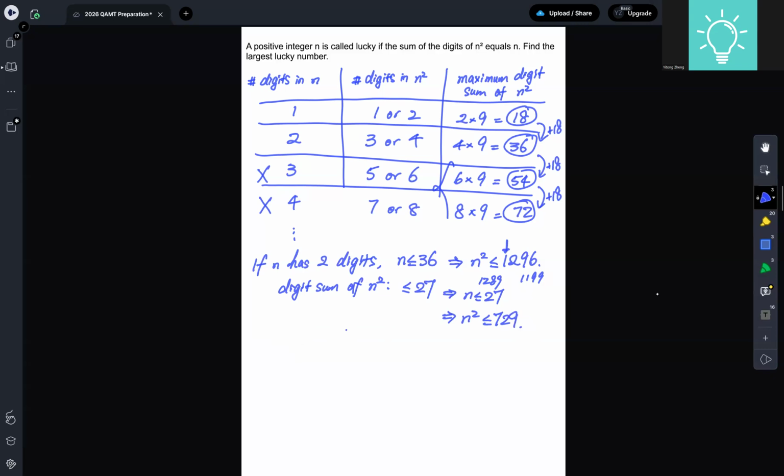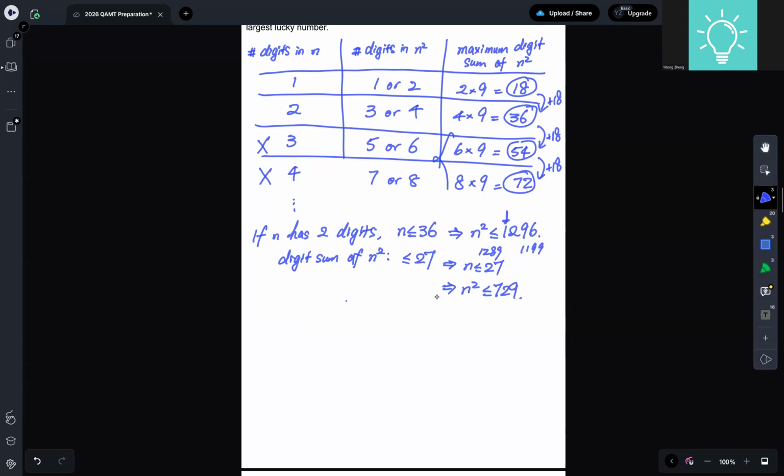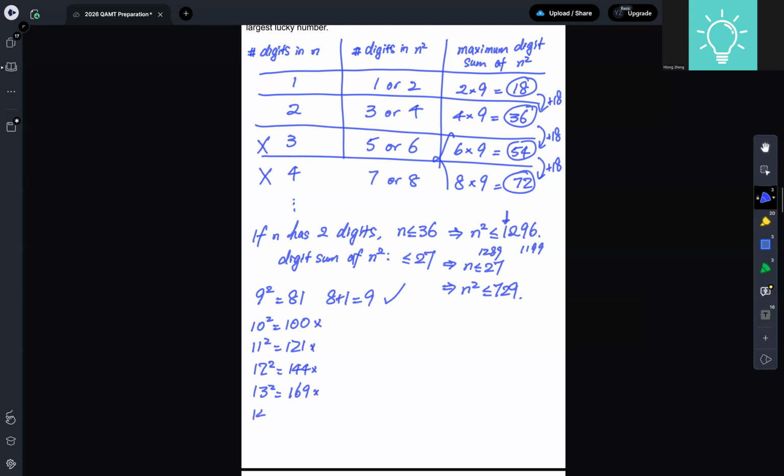So at this point, we're able to test some numbers. 9 squared is equal to 81, and 8 plus 1 is equal to 9. So 9 is lucky. We can test now. 10 squared, the sum of the digits is not 10. 11 squared doesn't work. 12 squared, 144, doesn't work. 13 squared is 169, 14 squared is 196, the sum of this is 16.